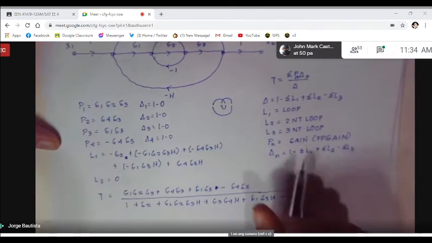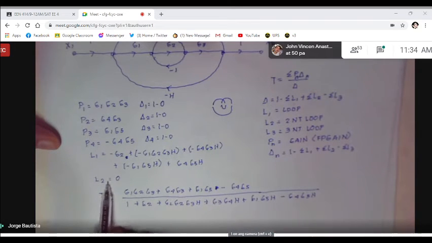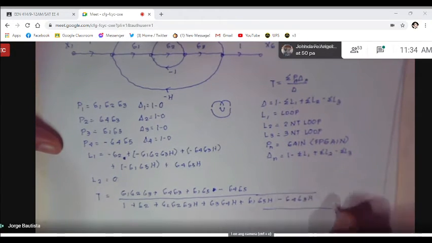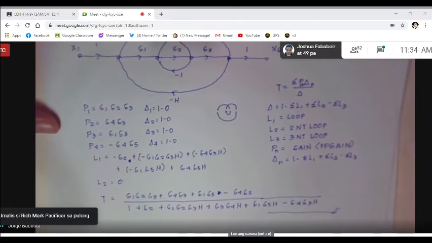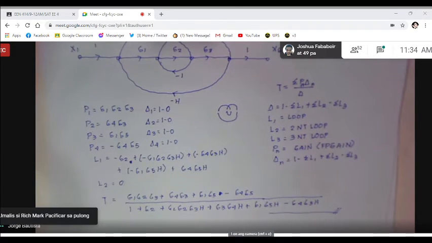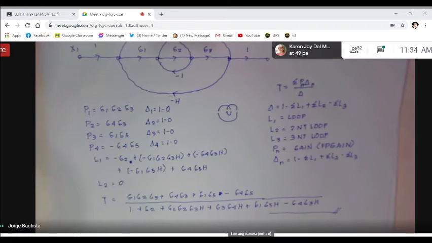Then there should be a plus for the non-touching loops, but since that is 0, you don't put anything. So this is the transfer function.